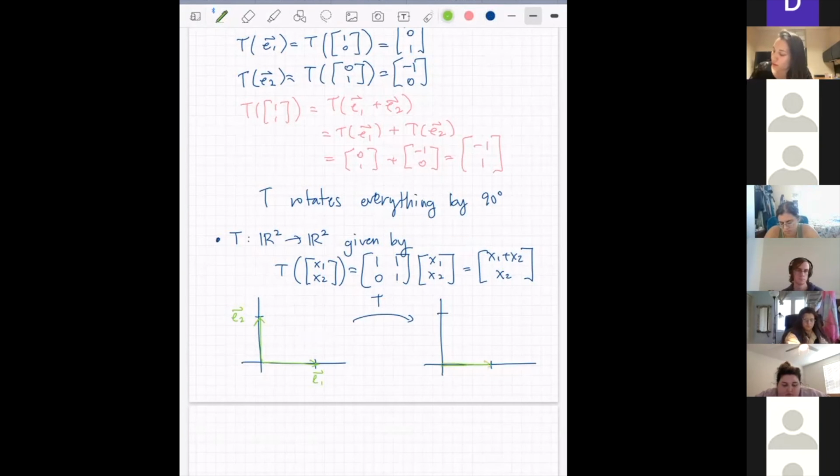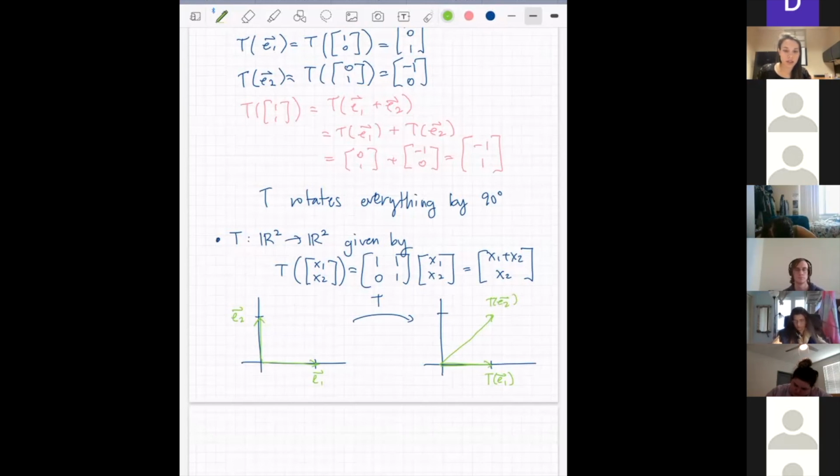Right, yeah, so E1 gets mapped to E1 on the other side. Does anybody want to say what happens to E2? It's like 1, 1, like a 45-degree. Yeah, that's what I got too. Good. So you get this guy right here for the image of E2.